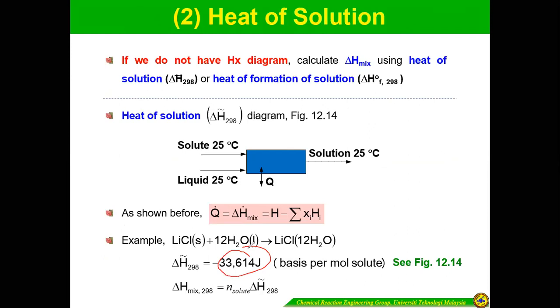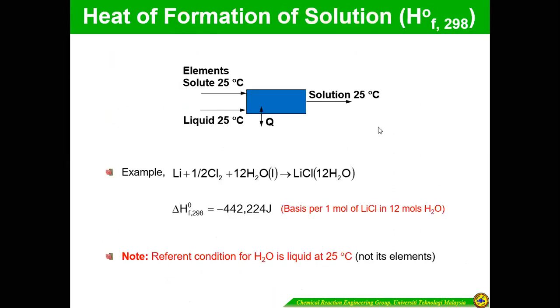You can refer to figure 12.14. So delta H mixing you have to multiply by the moles of solute with the delta H of the solution. So that is for lithium chloride.